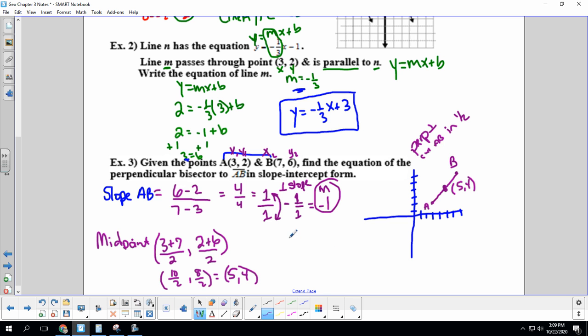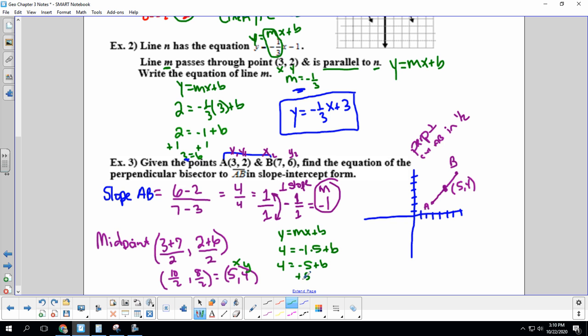So we are going to go ahead and find the y-intercept by using y equals mx plus b. m is negative 1, x is 5, 4 is y. So it's 4 equals negative 1 times 5 plus b. 4 equals negative 5 plus b.